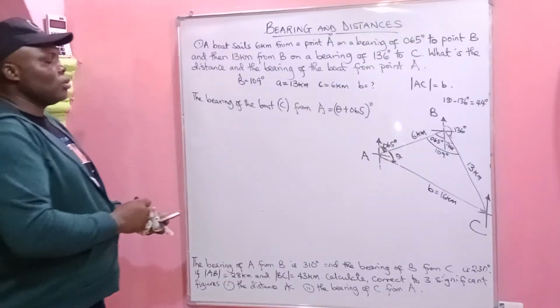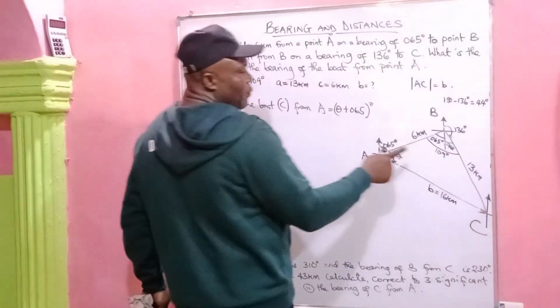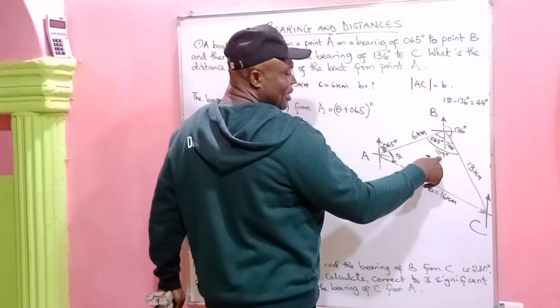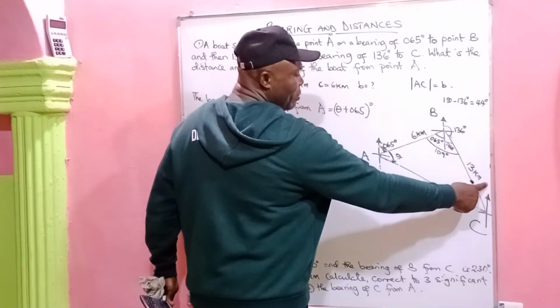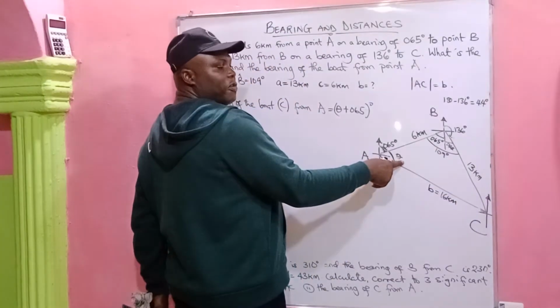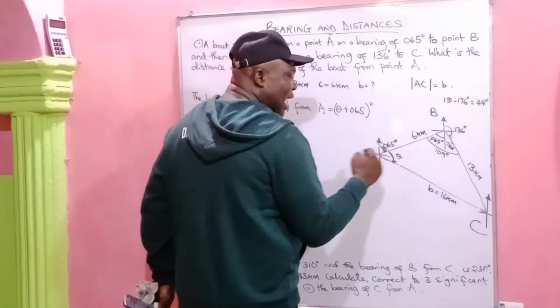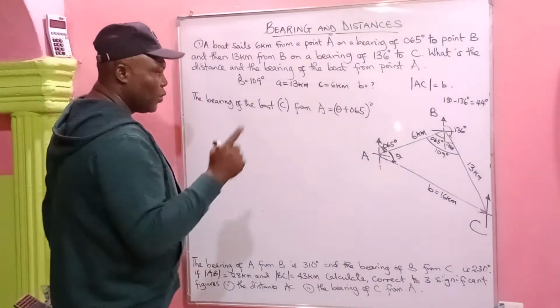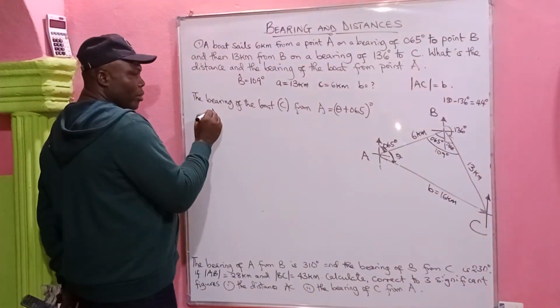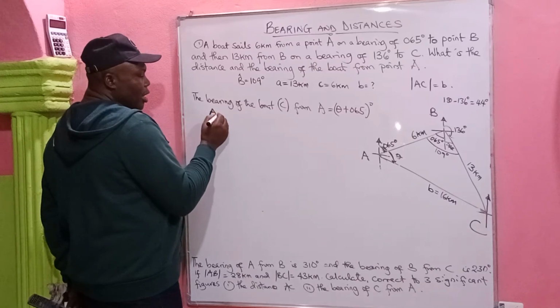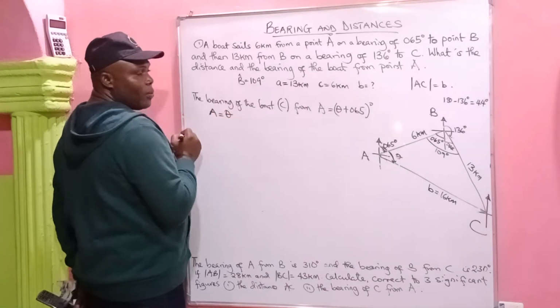Now let's see how we can do that. We have 109 degrees facing 16 kilometers. Then we have 13 kilometers facing the angle we are looking for, theta. Of course, we can define that in terms of the sine rule. We have known angle A, which is equal to theta, what we are looking for.